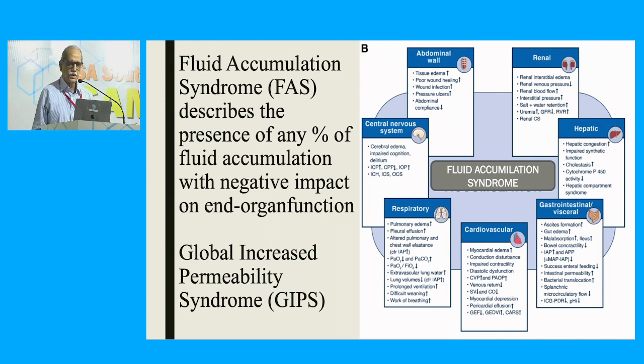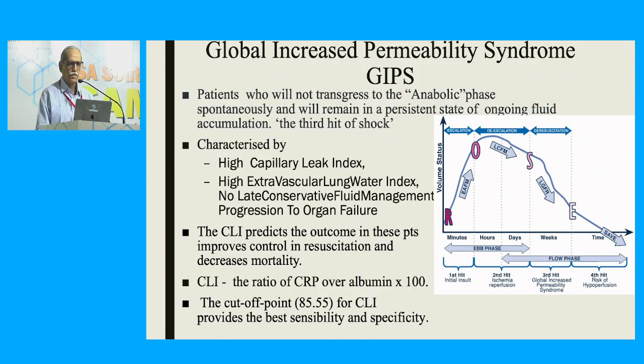You have ascitic formation, gut edema, you have myocardial edema, conduction disturbances, pulmonary edema, and pleural effusion, and sometimes cerebral edema and impaired cognition. When it increases more, Manu Malbrain thought it is appropriate to call it global increased permeability syndrome, the GIPS.